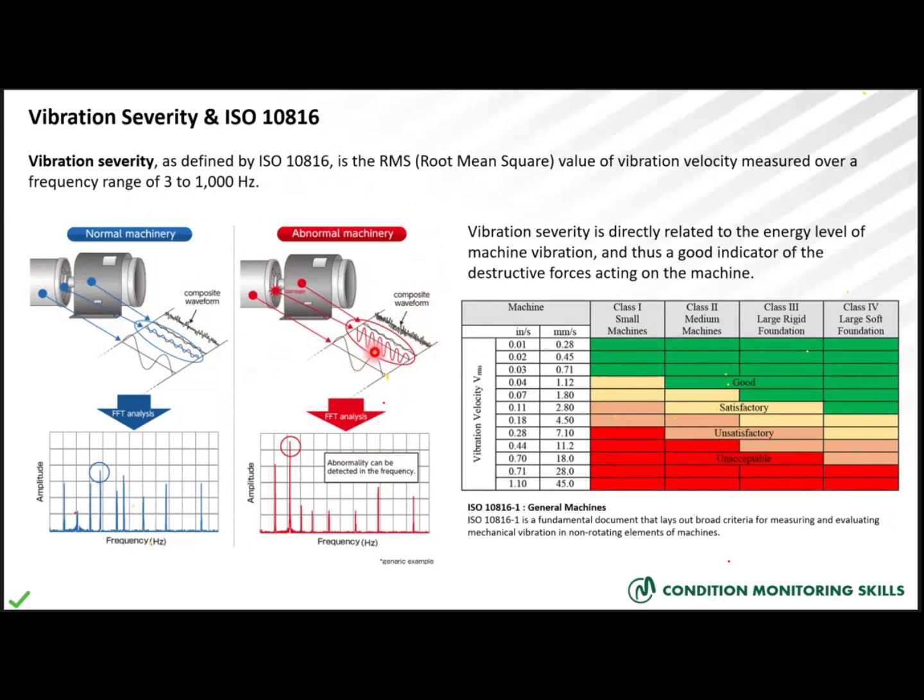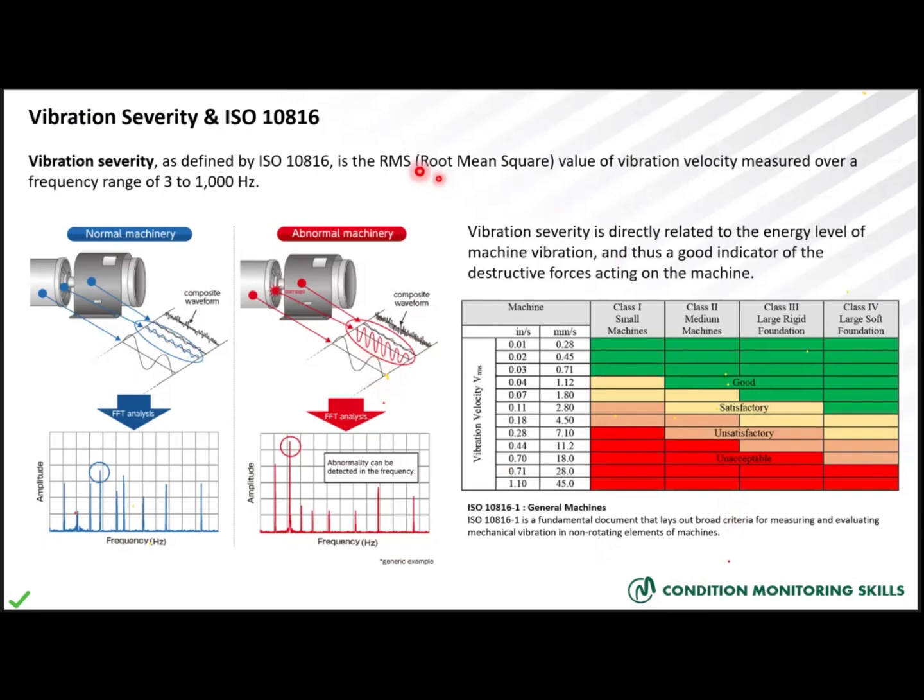Both are emitting vibration. So setting a standard for vibration severity is very important to know if the equipment vibration levels are within the acceptable range or within the abnormal range.